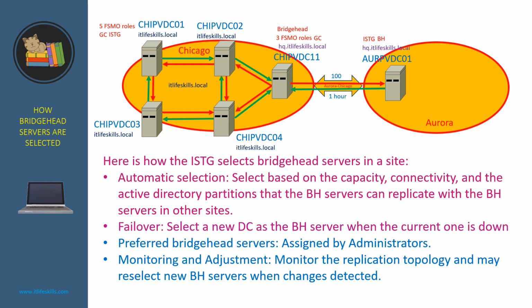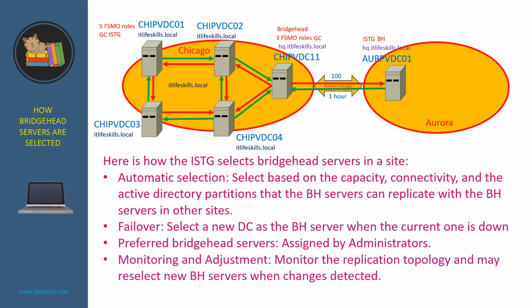If a bridgehead server becomes unavailable due to failure or maintenance, the KCC on the ISTG will automatically select a new bridgehead server to take over its replication duties. Administrators can designate certain domain controllers as preferred bridgehead servers.